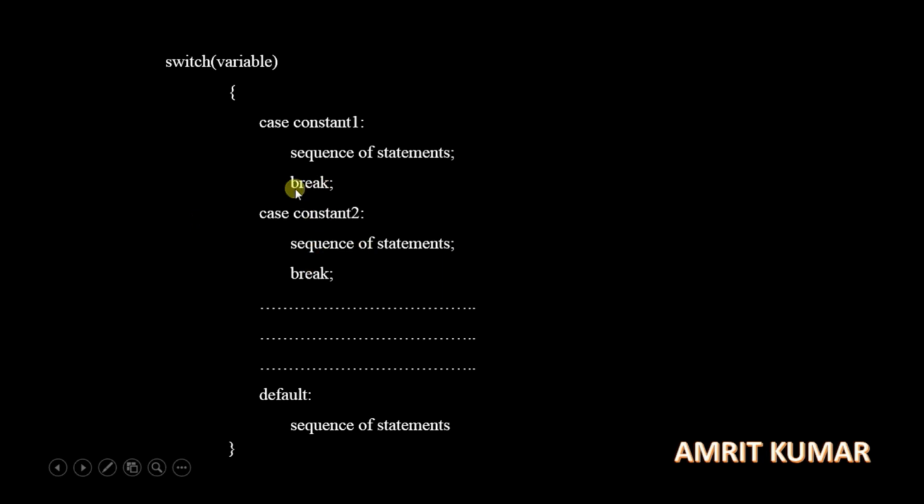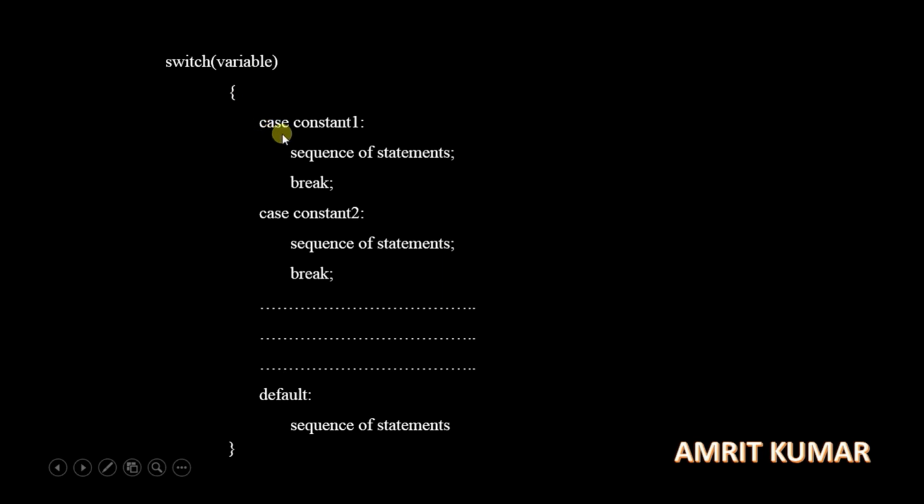And suppose I am not using break here, then this statement is going to execute as well as this statement is going to execute also. Okay, so this is very important. This is what I can say: switch, variable name here, open the switch case through open curly braces.